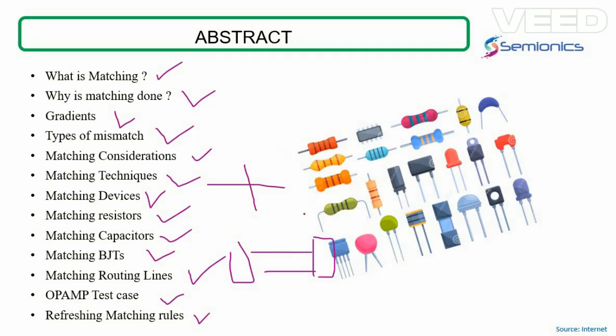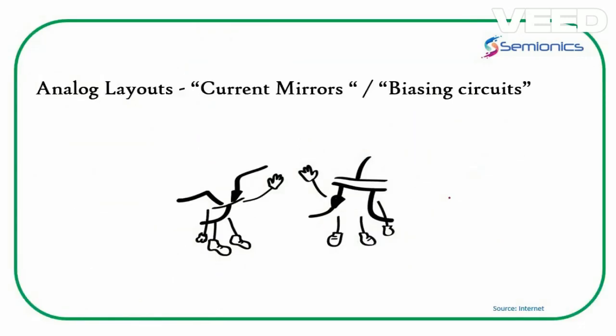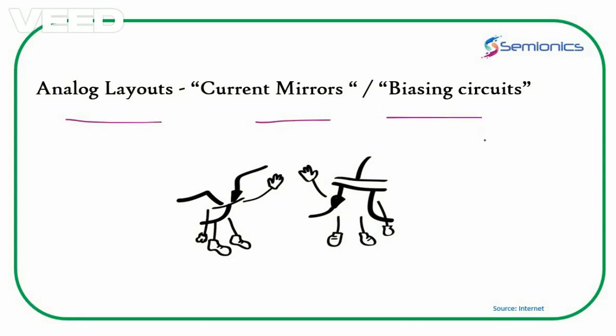We'll discuss all about this in our course on analog layout matching techniques. But before we go to that, we also advise you to have a look at another course on analog layout, current mirrors and biasing circuits, on Semionics Academy.